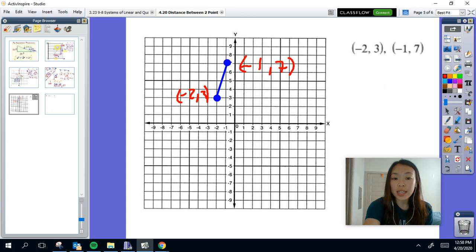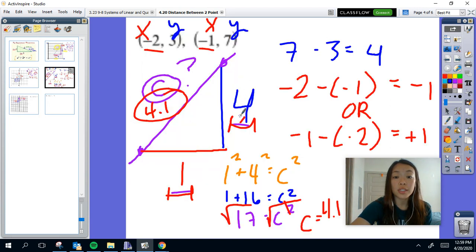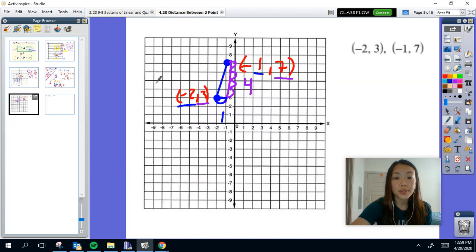What I was saying is that the vertical distance between 3 and 7 was going to be 4: 1, 2, 3, 4. And the horizontal distance between -2 and -1 right here was just going to be 1. So that's why our triangle looked like 4 on the side, 1 on the bottom, and we were solving for the diagonal.